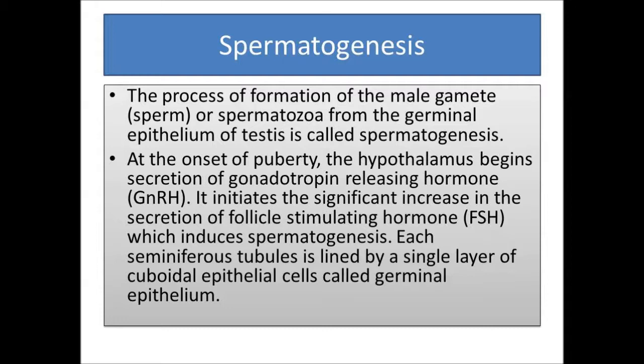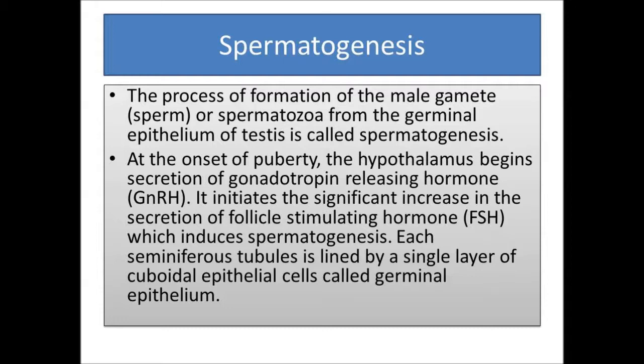Each seminiferous tubule is lined by a single layer of cuboidal epithelial cells. These are called the germinal epithelium. The germinal epithelium undergoes spermatogenesis, and in this process there is production of sperms.